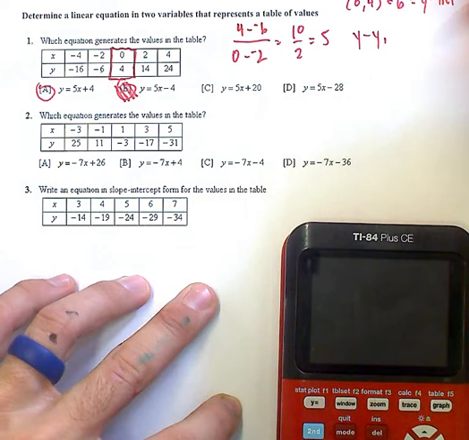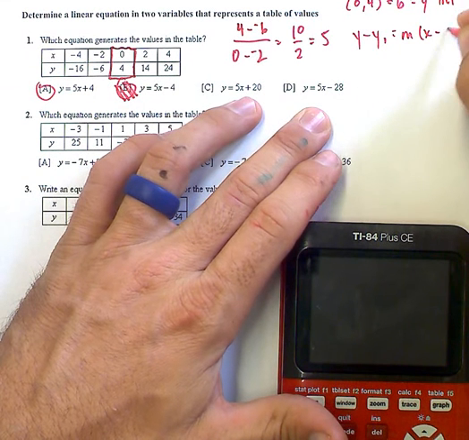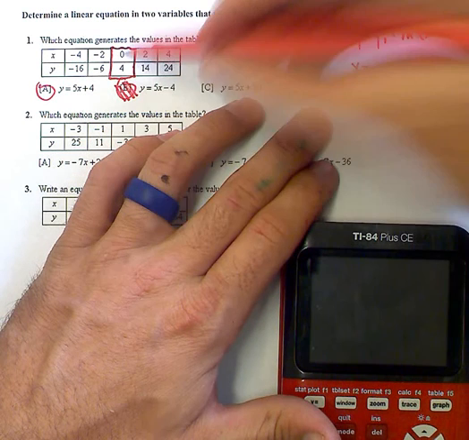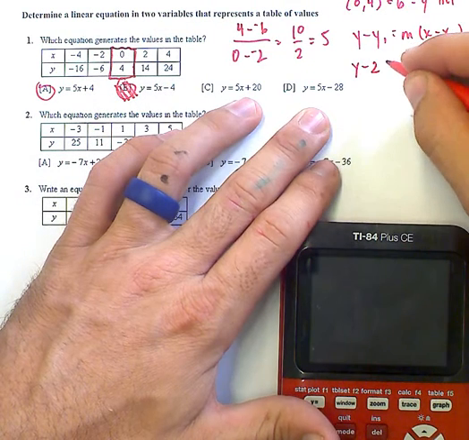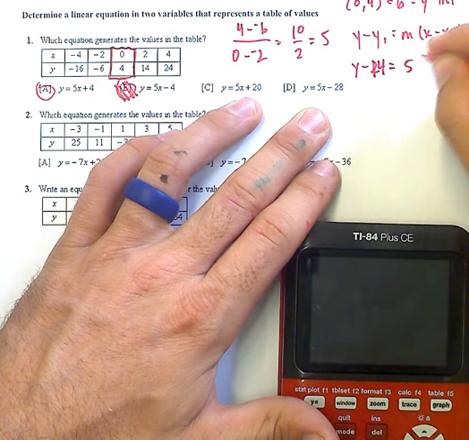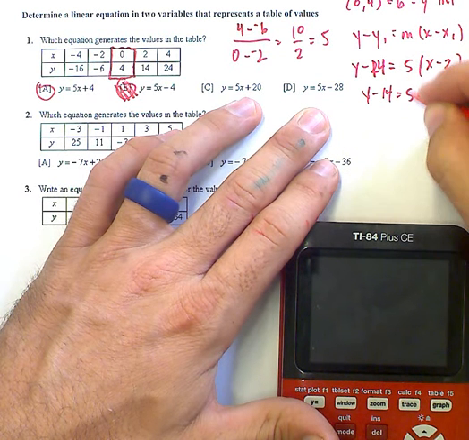Now you could use your slope and your point-slope form, which we've been working with quite a bit, and say y minus y1, and let's use (2, 14). y minus 14 is equal to 5 times (x minus 2). y minus 14 is equal to 5x minus 10.